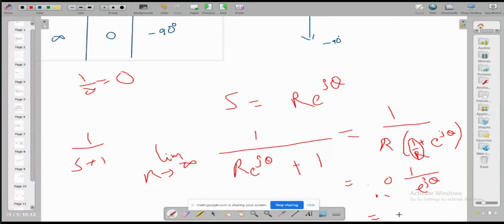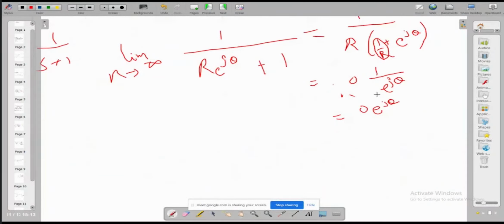So I can say this, and theta varies, it will be 0 into e to the power j theta, 0 into e to the power minus j theta, and theta varies from plus pi by 2 to minus pi by 2.